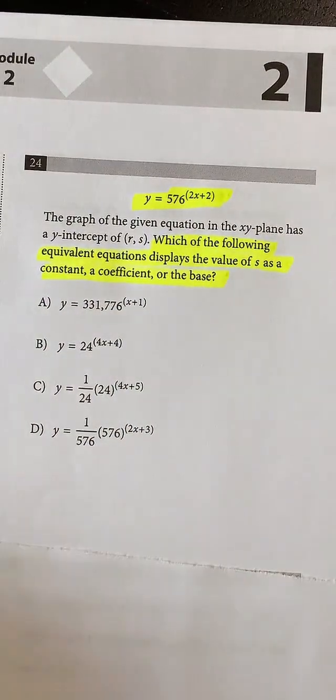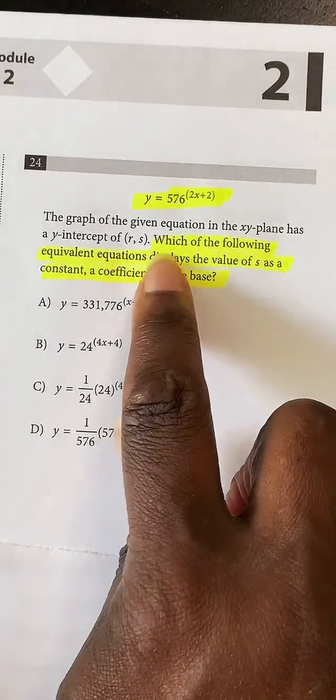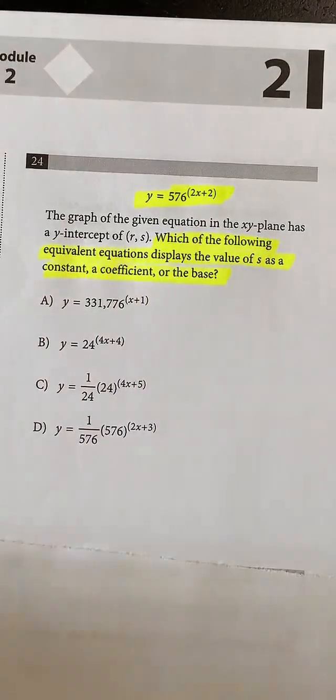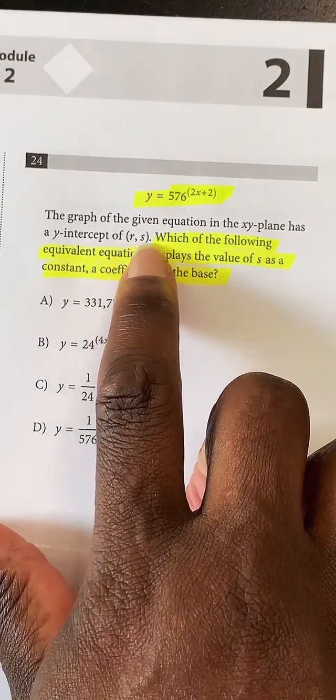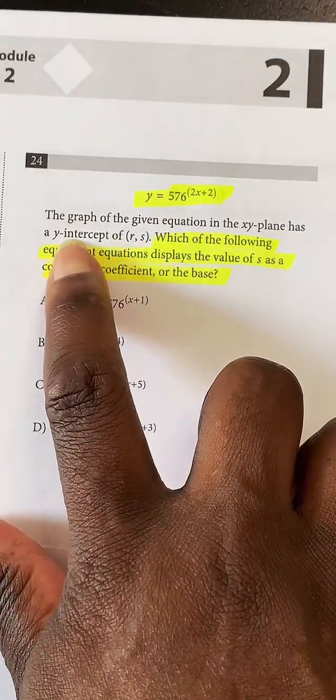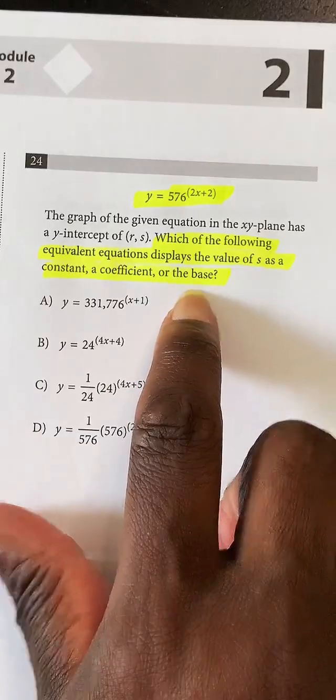You can pull the rest of the information out later. They gave me an equation. What do they want me to do with this? They say, which of the following equivalent equations display the values of S? And you're like, okay, what's S? Oh, it's right here. S is talking about my y-intercept, as a constant, a coefficient, or a base.